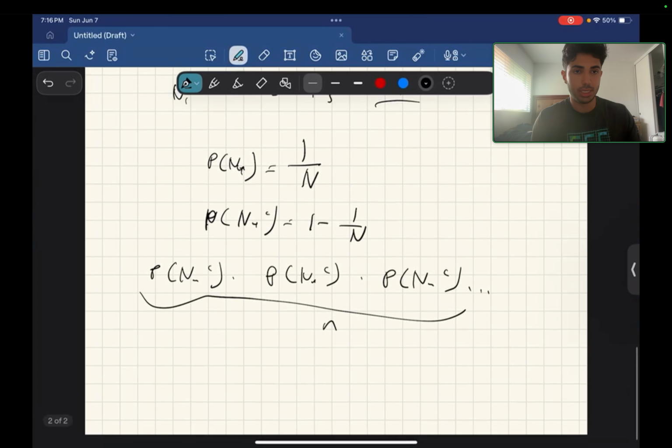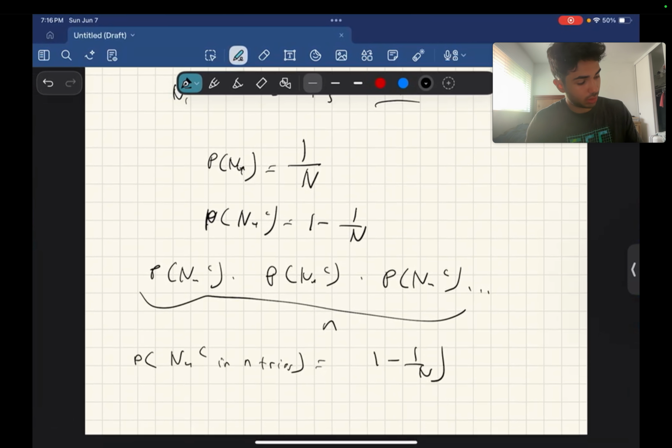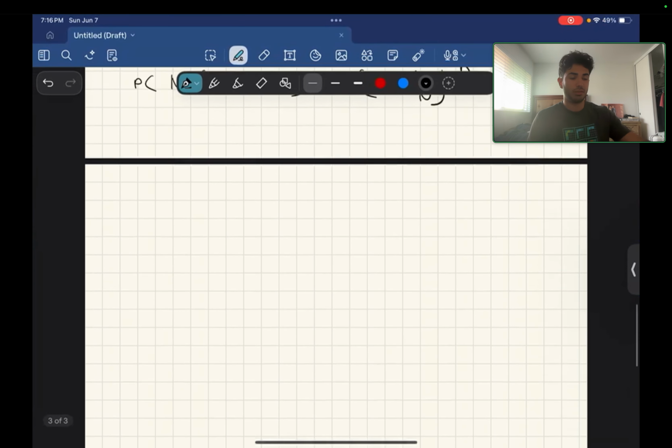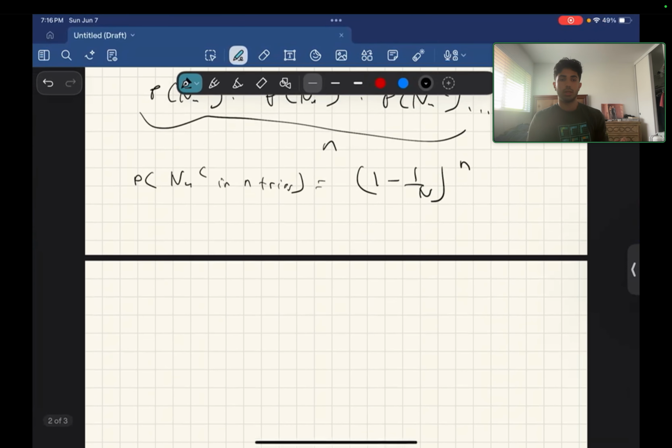Since it's independent, you can just multiply the probabilities, and the probability of not n4 in n tries is 1 minus 1 over n, to the power of n. And n4 is arbitrary, so the probability of not getting a particular coupon in n tries is 1 minus 1 over n to the power of lowercase n.